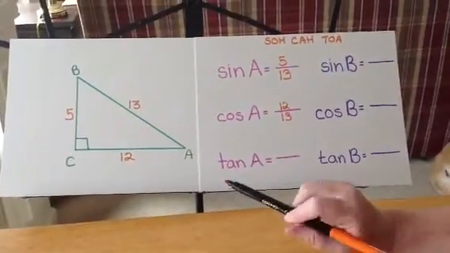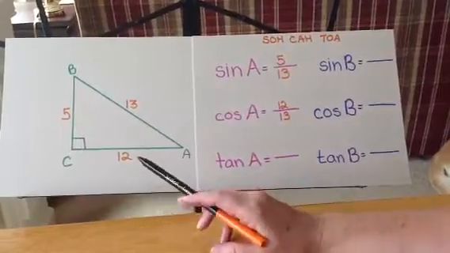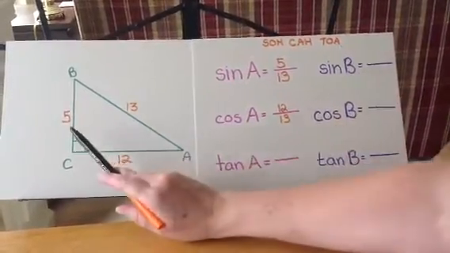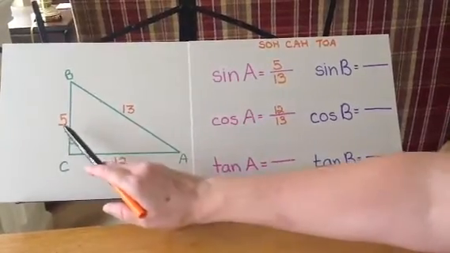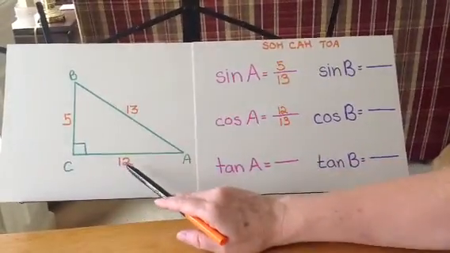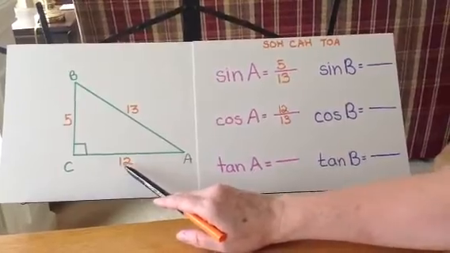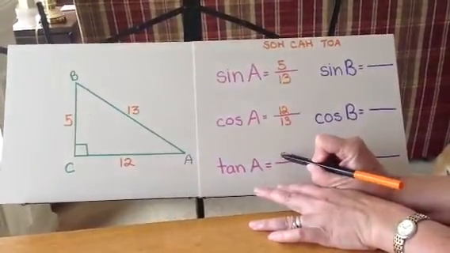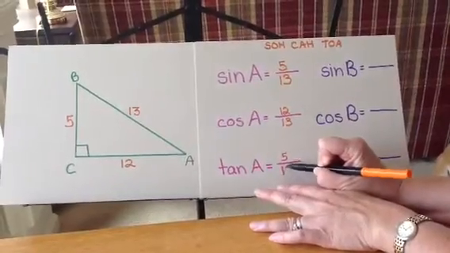And then the tangent of A is the ratio of the opposite side over the adjacent side. So it's the opposite side of A over the adjacent side of A. So that would be 5 over 12.